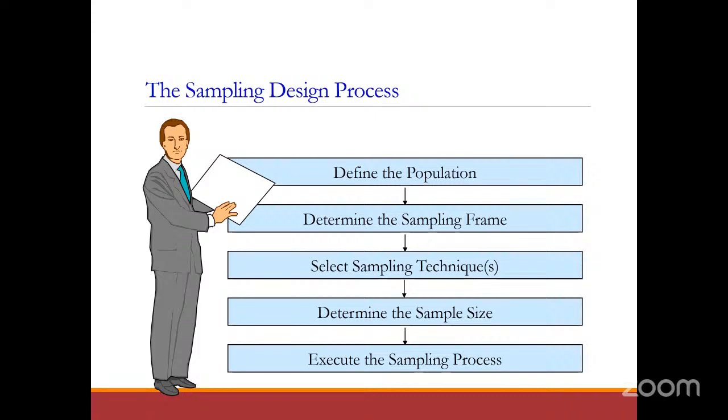In that situation, a sampling frame is not required. After that, we have to use some sampling technique. After that, we have to determine the sample size, how much sample we need to study the specific situation. After that, we have to execute the sampling process. Next slide.